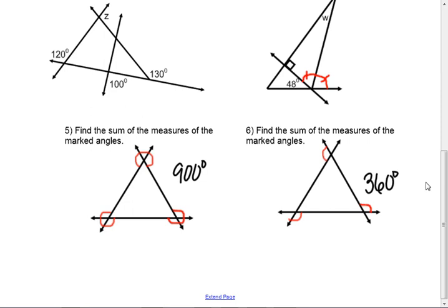You can add up to 180, right? Isn't it? Yes. Do 180, 148. This is lesson 4.